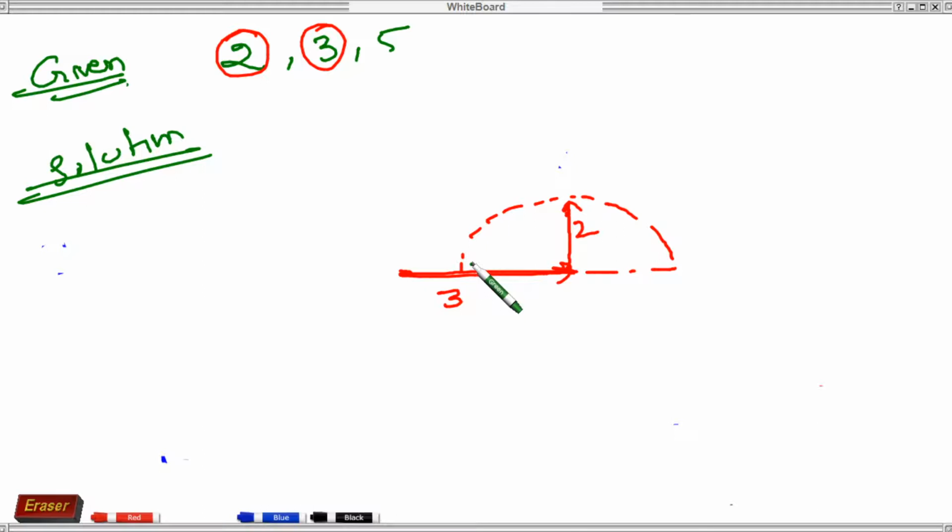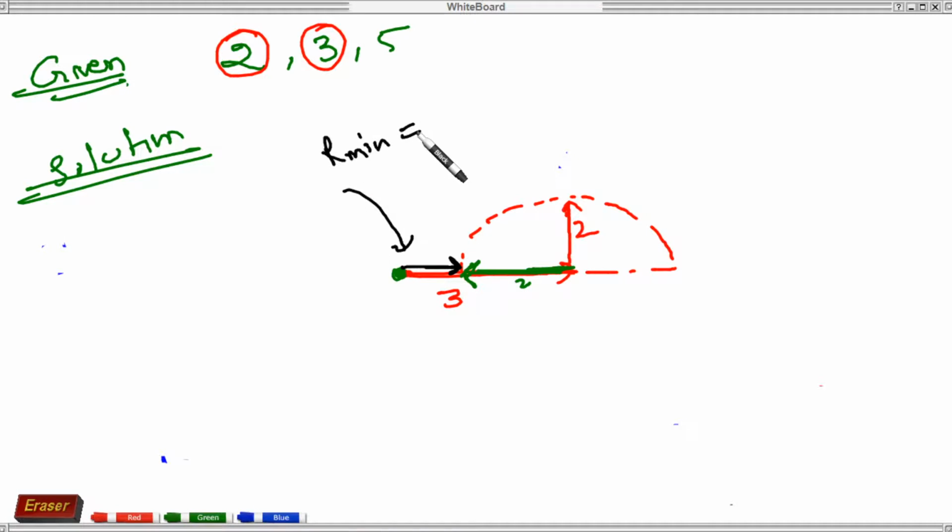So when this vector is here, this 2 vector is here, this will be the resultant. So what will be the resultant?